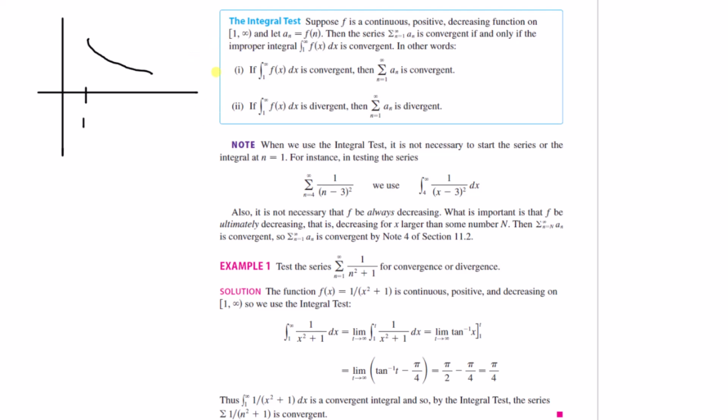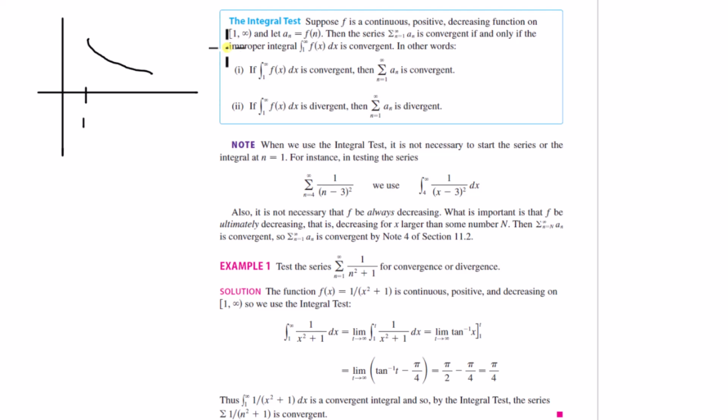So there's two ways to look at this. The series you have doesn't have to start at 1, and the function you have doesn't have to either. So this restriction, it says continuous positive decreasing function on 1 to infinity. This doesn't have to be the case, for 1 to infinity.